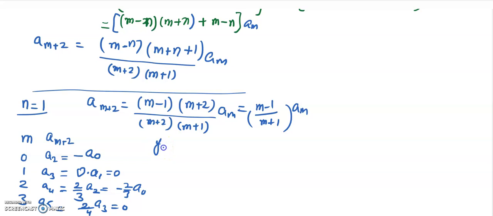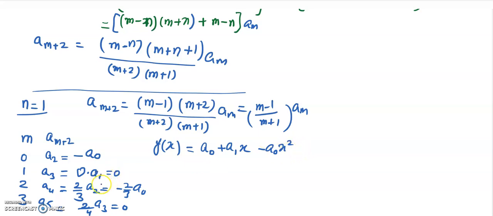So y of x for n is equal to 1 will be equal to, because our terms are starting from a2, a naught and a1 will be the arbitrary constants, so it will be a naught plus a1 x and plus a2, that is minus a naught, so it will be minus a naught x square.